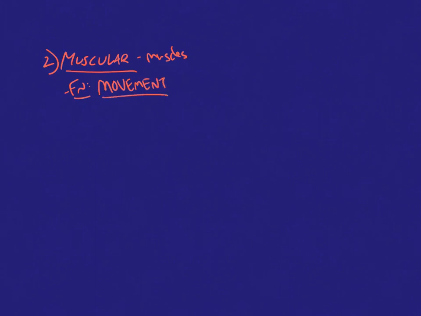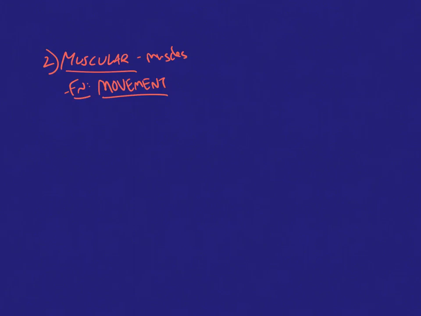Now, our second system is the muscular system. And I don't think I have to tell you that this is made up of muscles, or muscle tissue. Muscles have one major function, and that is movement. We mentioned that the skeletal system also deals in movement a little bit.